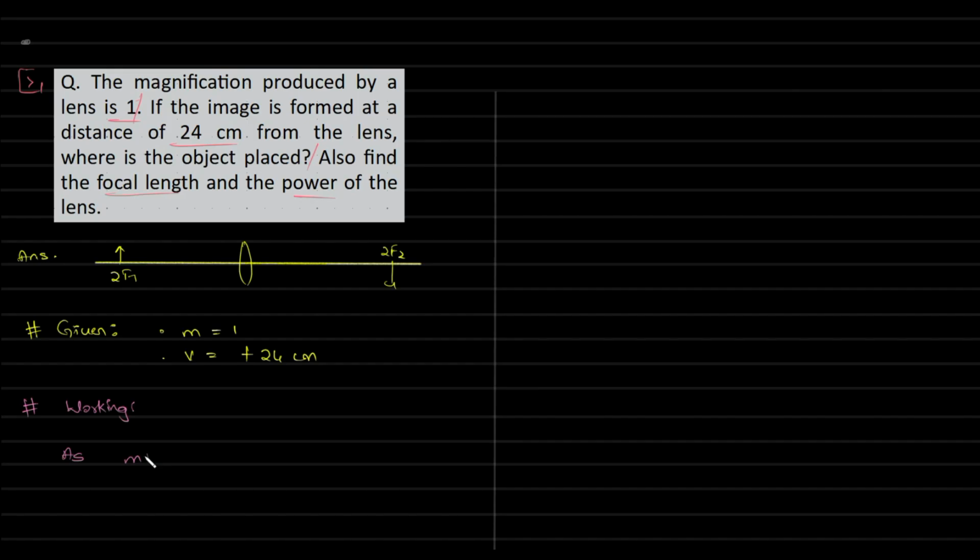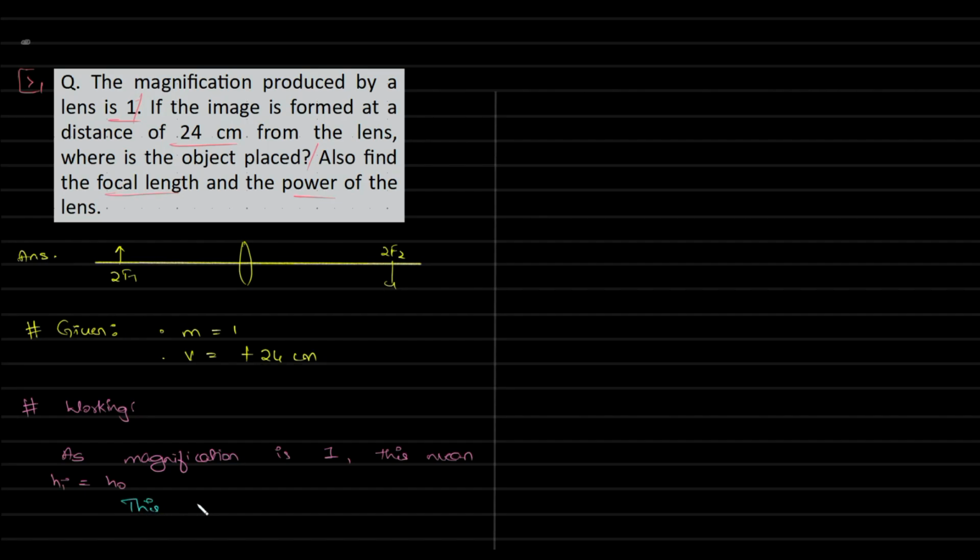As magnification is 1, this means hi is equal to ho. That is, the height of the image is equal to height of the object.